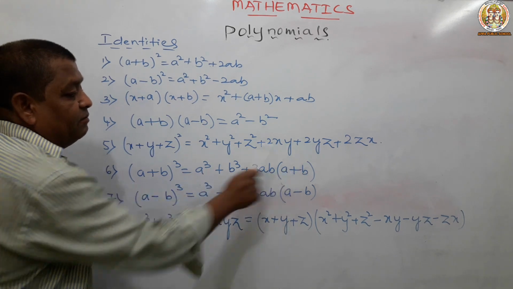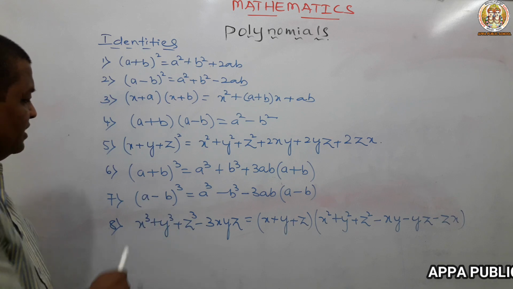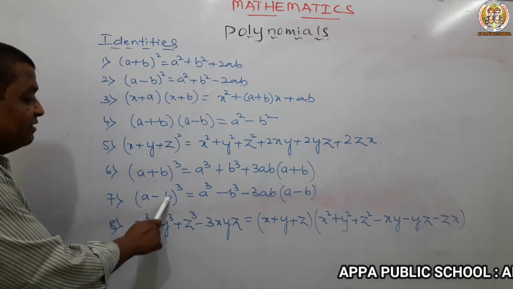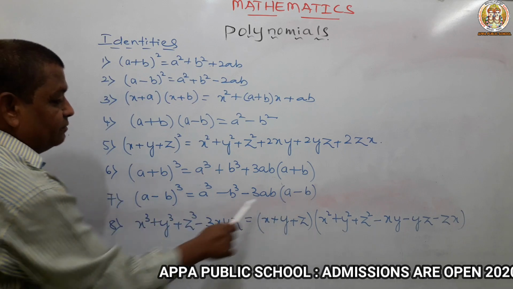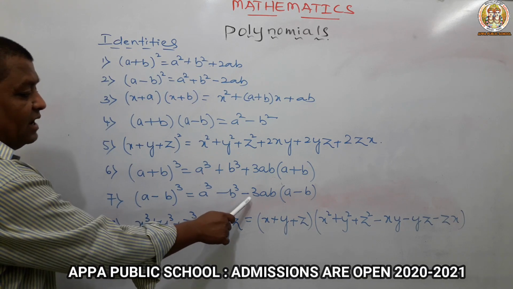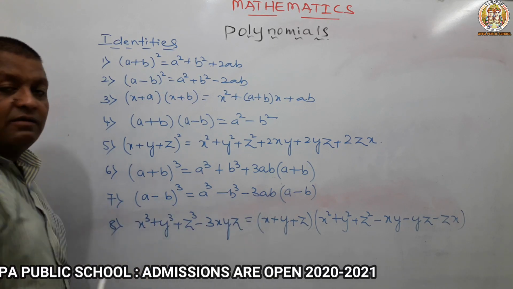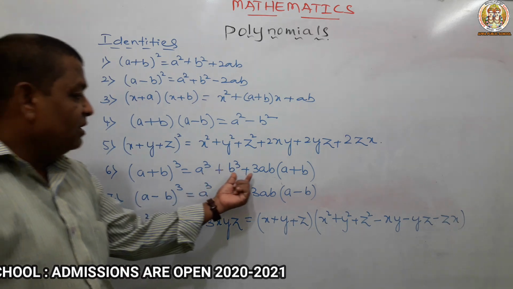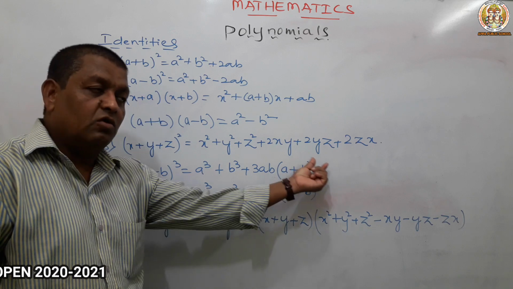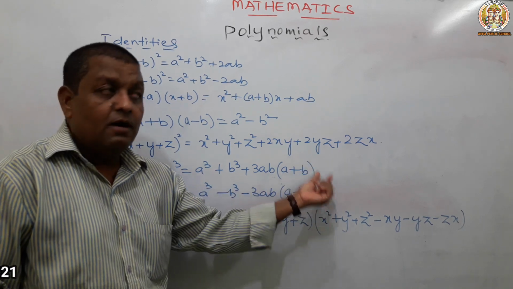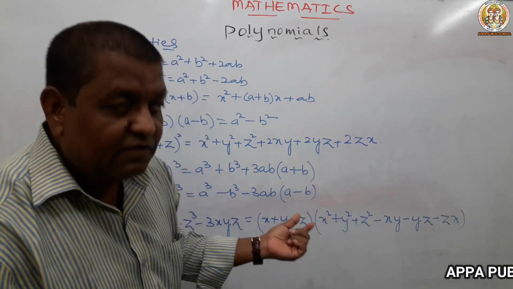Now the cubic ones: a plus b whole cube is a cube plus b cube plus 3ab of a plus b. Another, a minus b whole cube. Everything is the same, only the sign will change: a cube minus b cube minus 3ab of a minus b. This will take another form if you open 3ab into this bracket, that is 3a square b plus 3ab square.